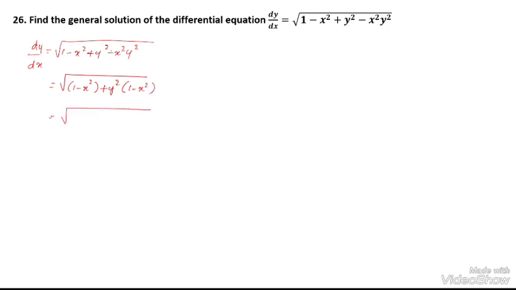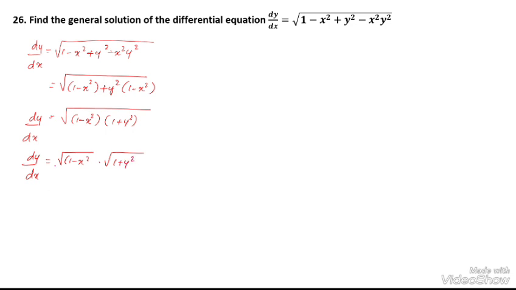So I will write it here, 1 minus x square gets cancelled. Taking separately, then it becomes 1 plus y square. Here dy by dx is there. Now I will take the roots separately. It becomes root of 1 minus x square into root of 1 plus y square.